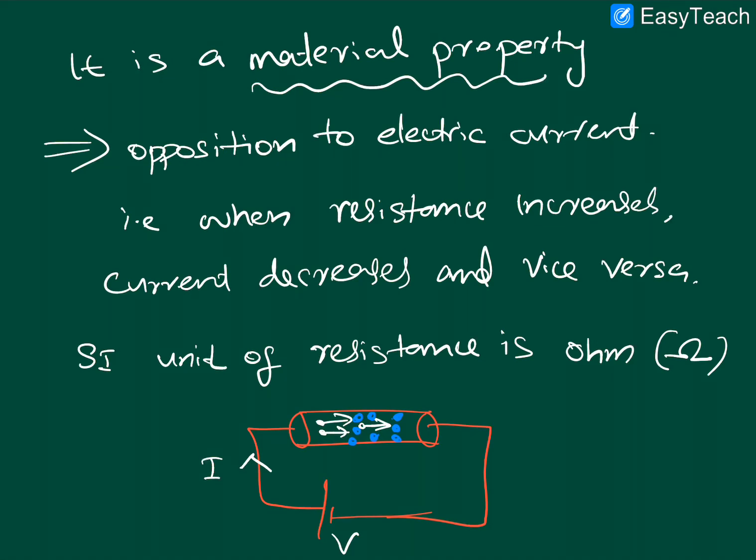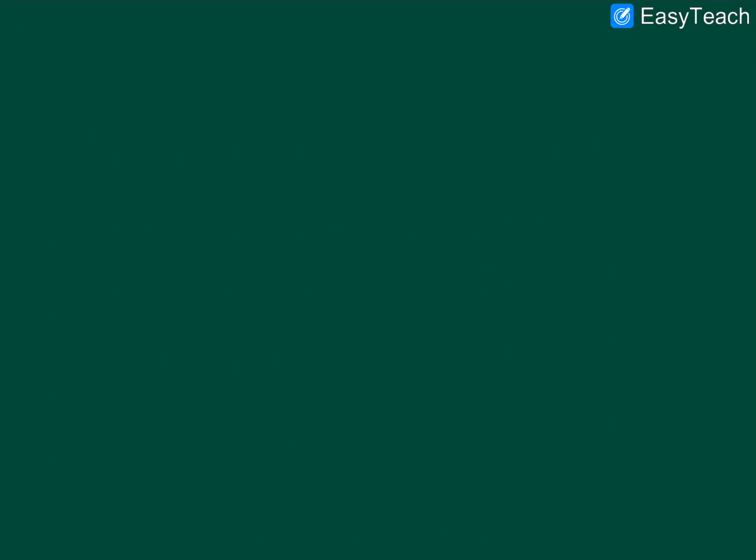So that is the physical meaning of resistance. Any material you consider will have some resistance, meaning it will oppose the electric current flowing through it.